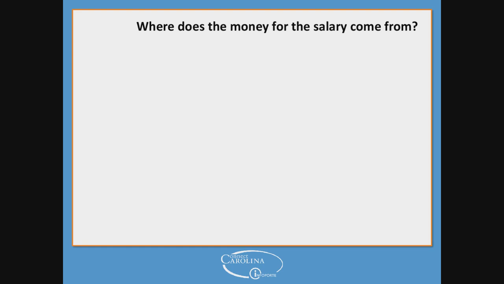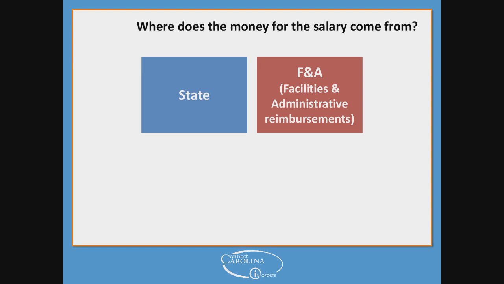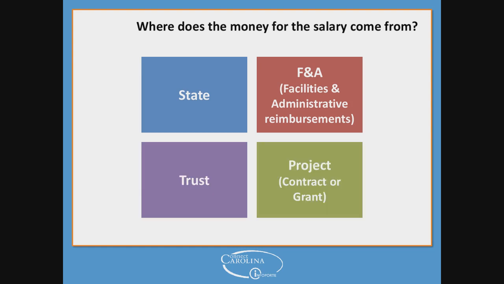So when an employee is hired, and later on it can be changed, someone on the HR side enters a hire action and lists all the chart field strings, or all the funding sources, that are going to fund that employee's pay. The funding sources can be 4 different kinds. It can be state, F&A, trust, or a project or a set of projects, which are basically contracts and grants.